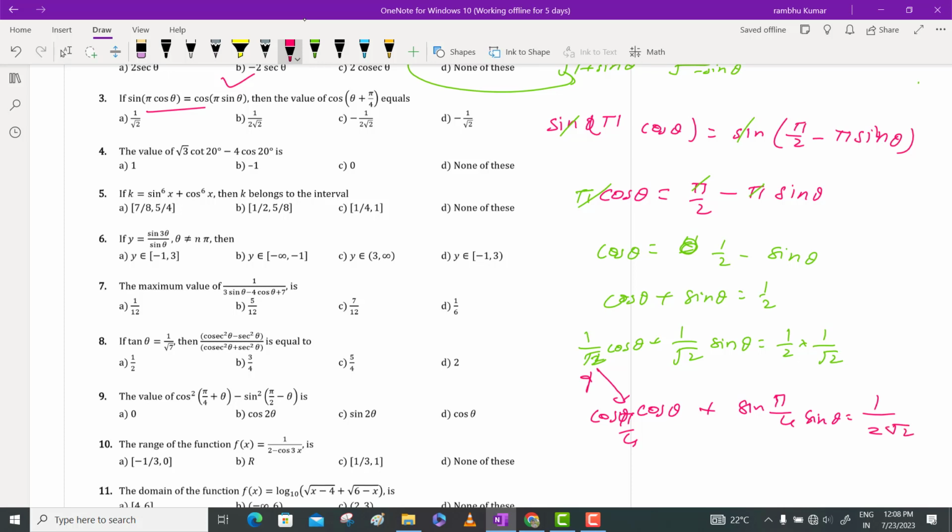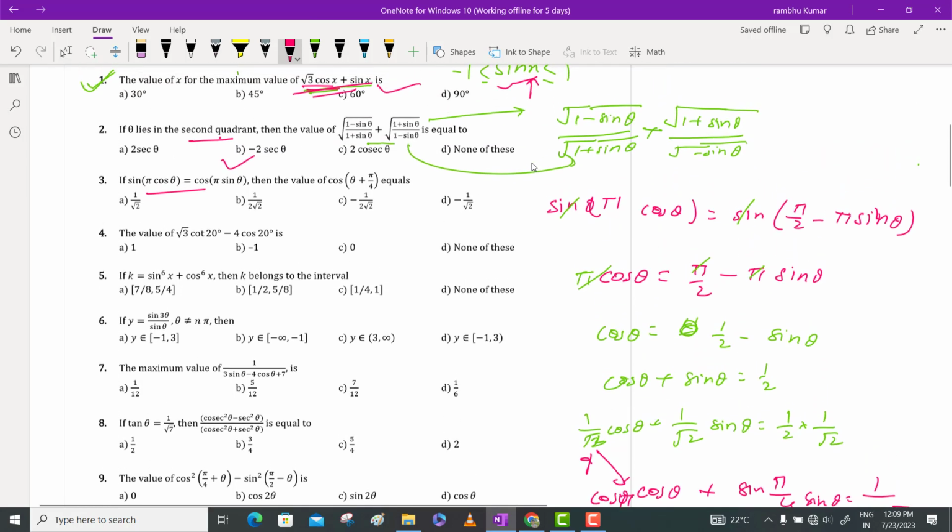Now if you see here, one thing you can see, sin of pi by 2 plus theta is equal to cos theta, or sin of pi by 2 minus theta is also equal to cos theta, which means this can be plus minus, and this can also be minus plus if it comes to this side.